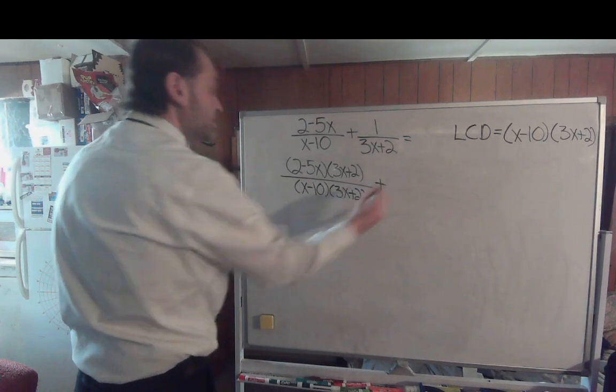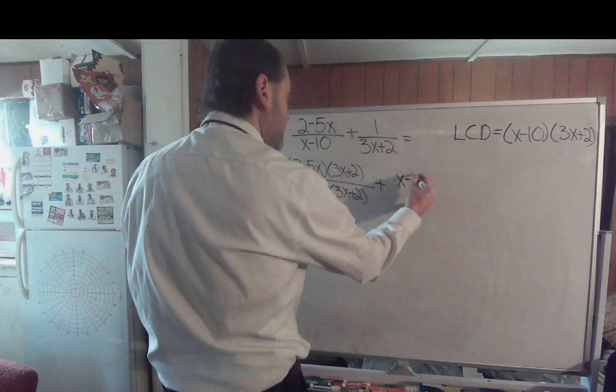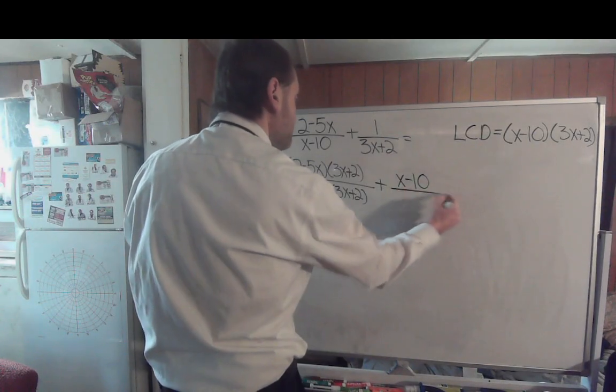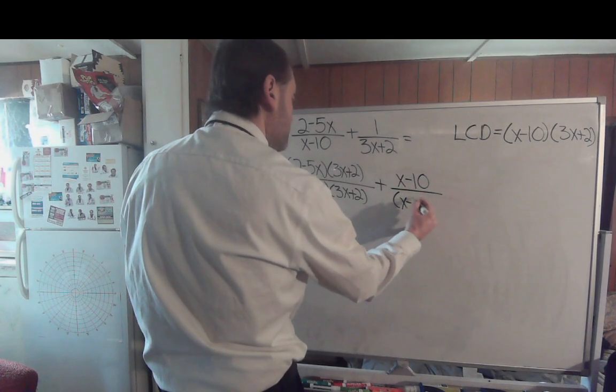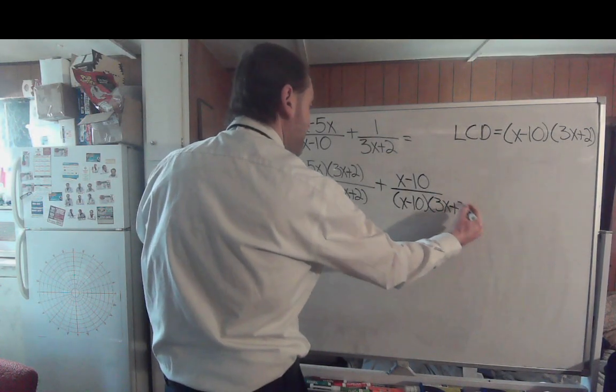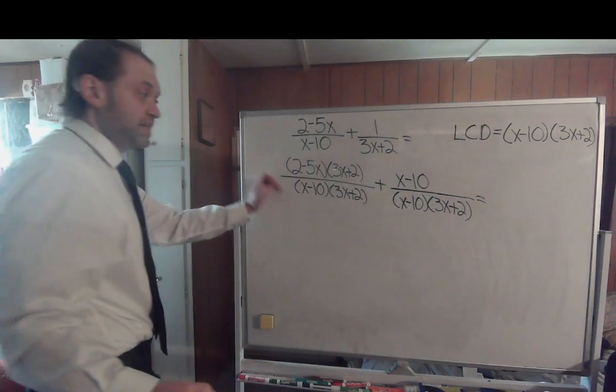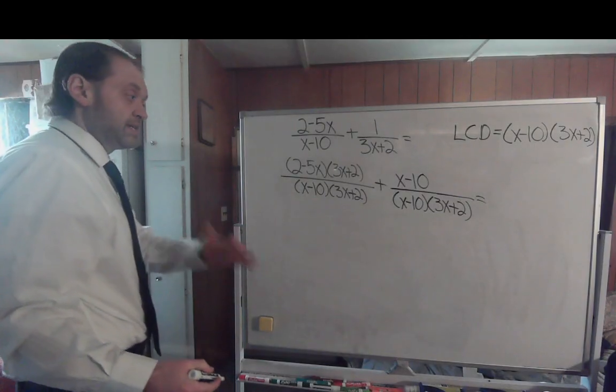Then for your second term, you have to multiply both numerator and denominator by x minus 10. So this would turn into (x minus 10) all over (x minus 10) times (3x plus 2). Now we can proceed since both have the same common denominator.